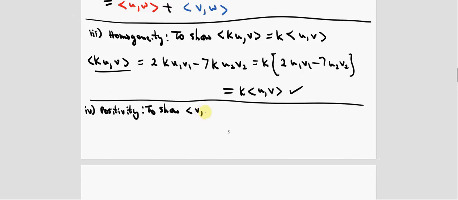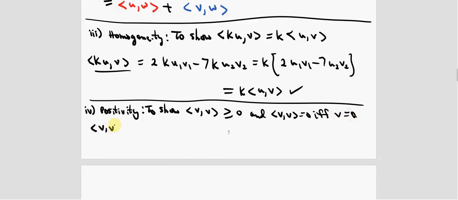So the inner product of v with v, we want to show that this is positive or equal to 0, and the inner product of v with itself is equal to 0 if and only if v is the 0 vector. So let's look at that.